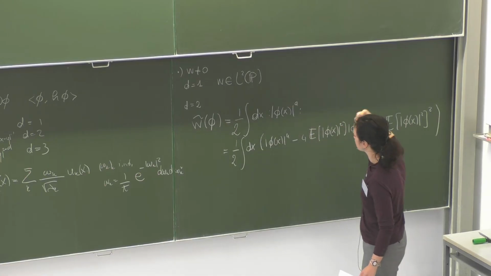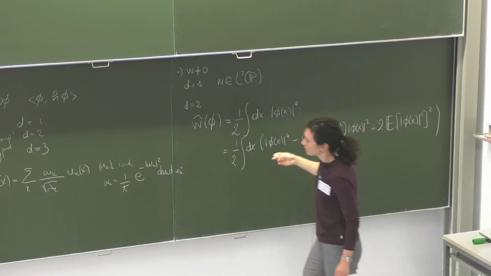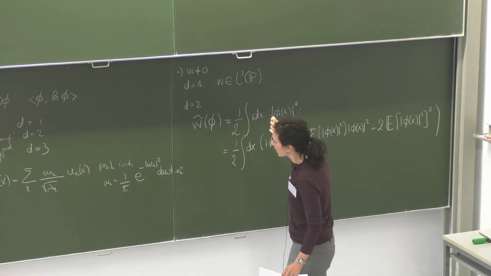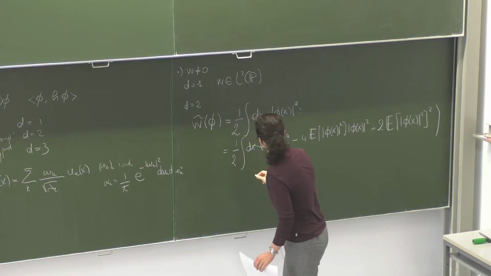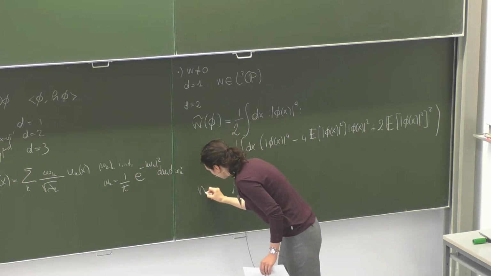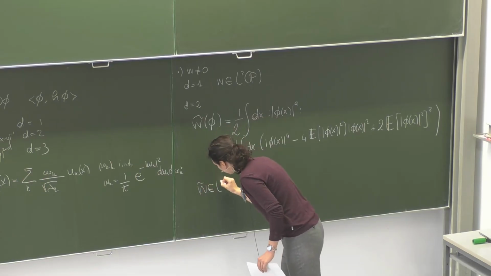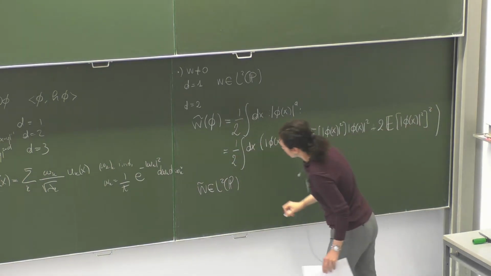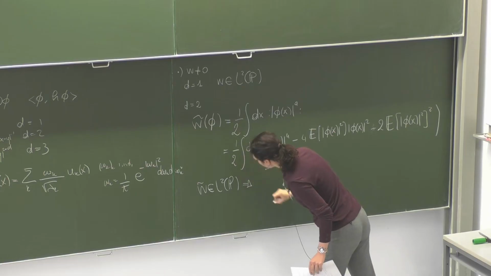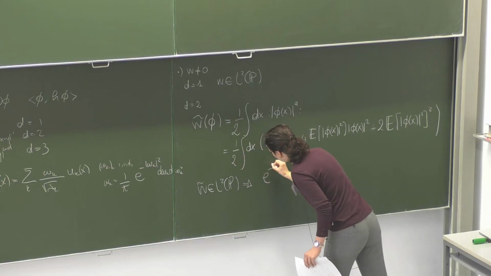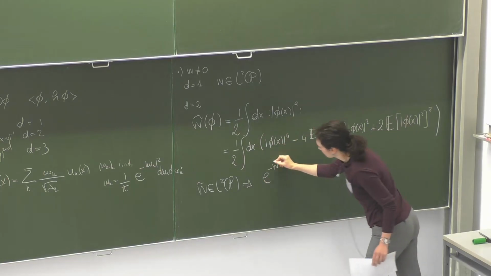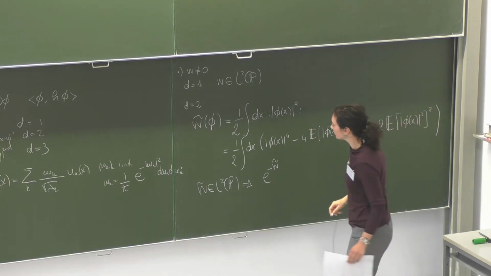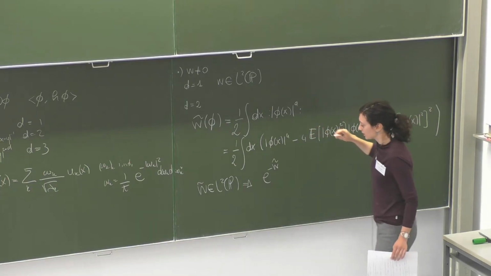So one can construct effectively phi tilde in L2(P) after Wick ordering, and this is sufficient to show that this thing is integrable by the so-called Nelson bounds.